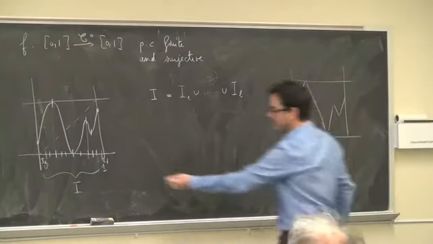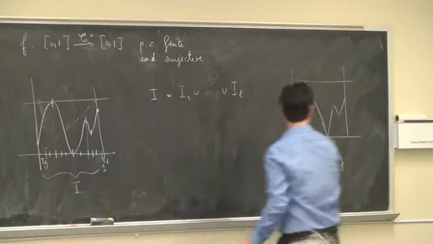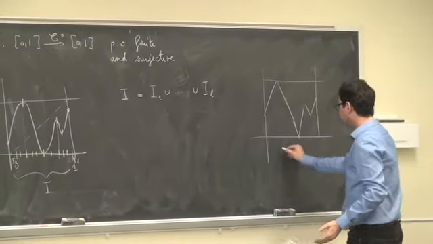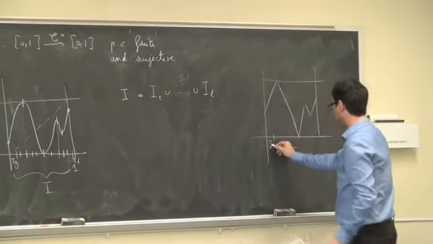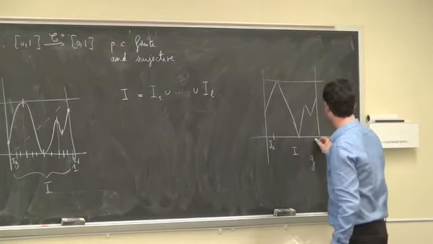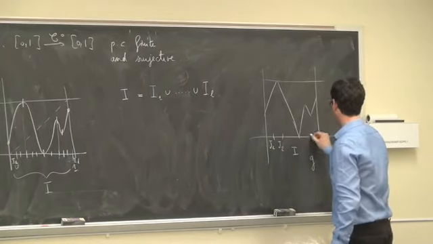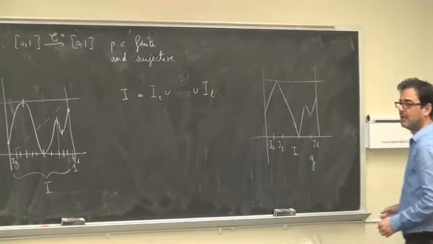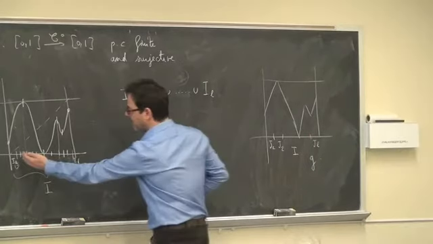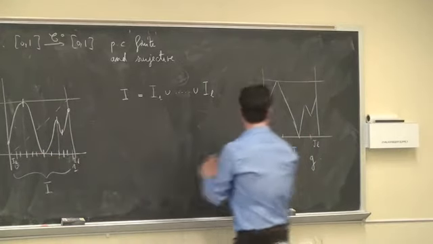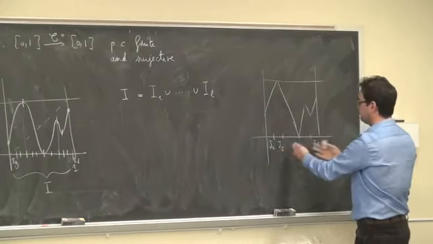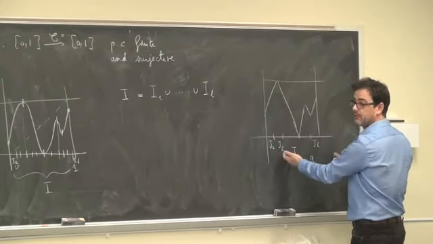So this will correspond to a decomposition of I in intervals J1, J2, up to Jr. And I should be able to read the same combinatorics on the right.